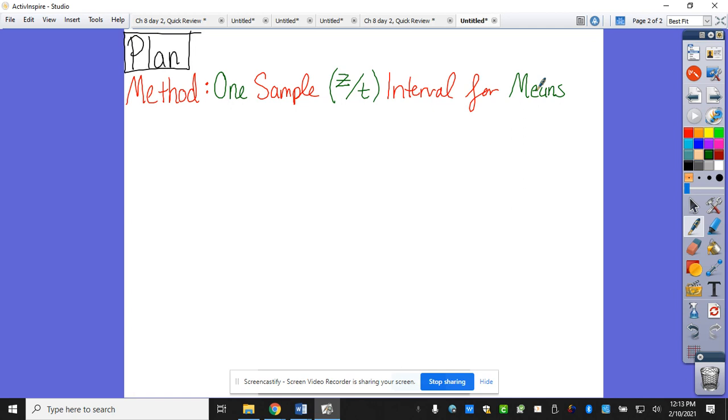Now, the one thing that's going to have to go with this is we have to write why we choose which one. And so this is in red because it always goes here. And we'll write since our sigma is or is not known.